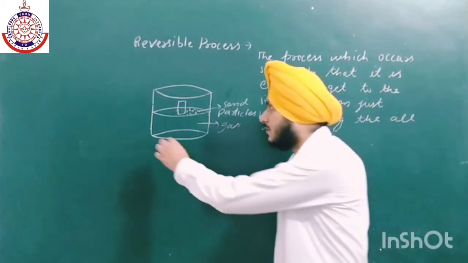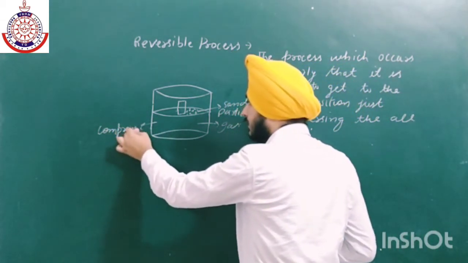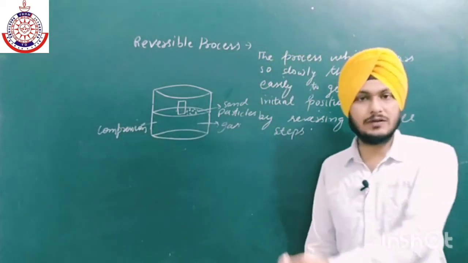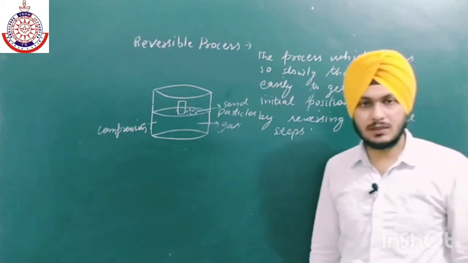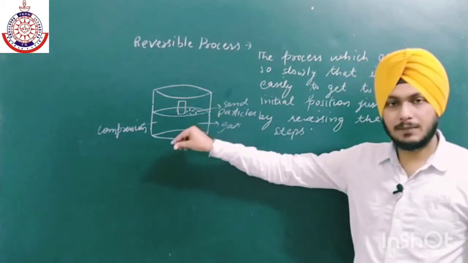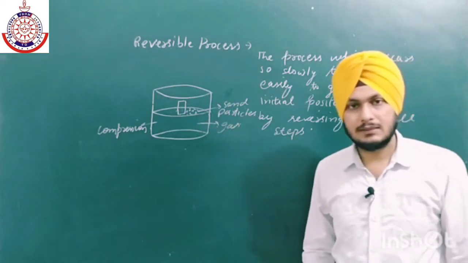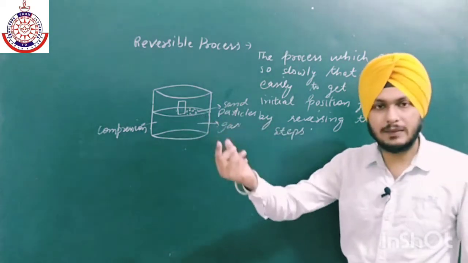I am taking the case of compression. Now this process occurs in infinite time, and the change is not observable by us. If I put a sand particle there is a change, but it is not observable. That is why at each and every point the system is in equilibrium.